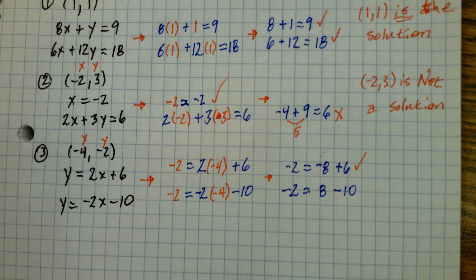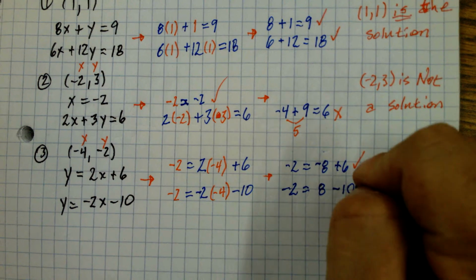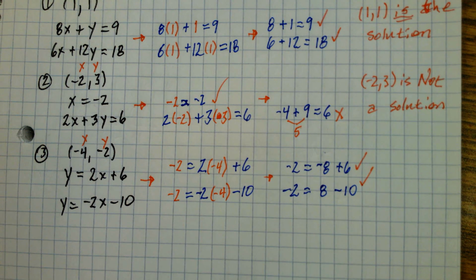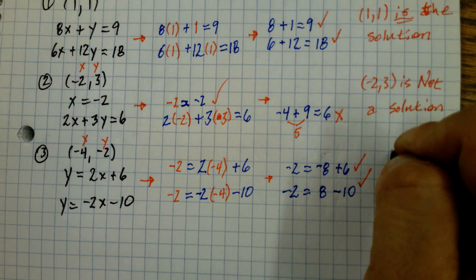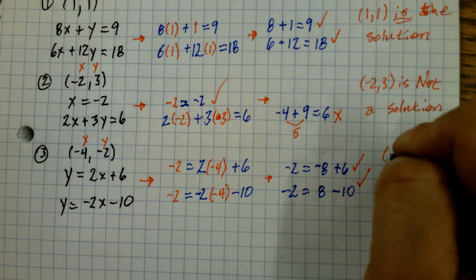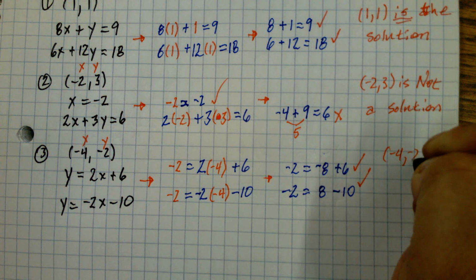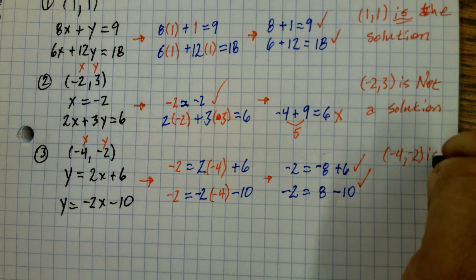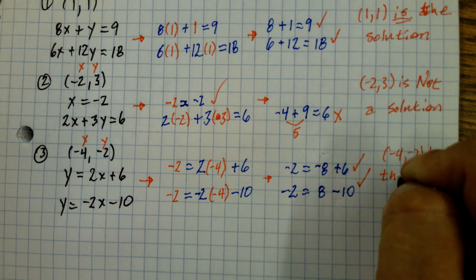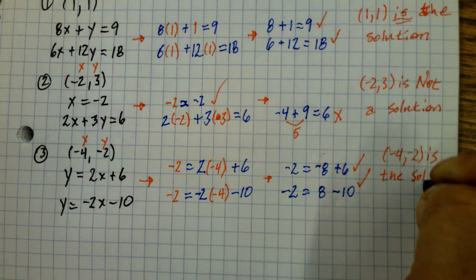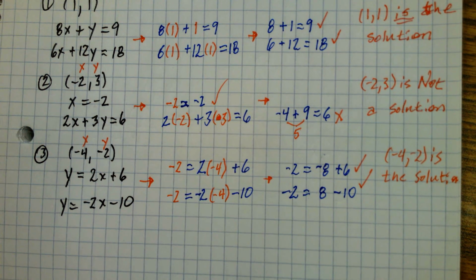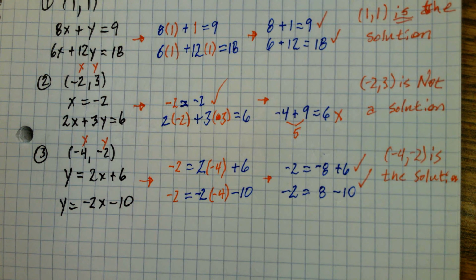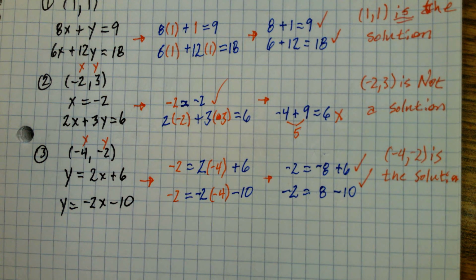You're taking away more than what you have. So that one's negative 2. So that means they're both true. And since they're both true, negative 4, negative 2 is the solution. I kind of forced the solution word there.